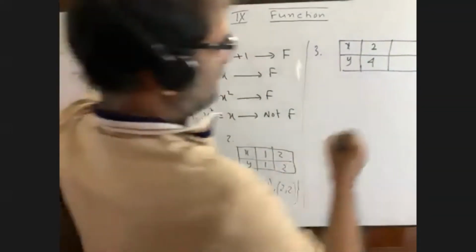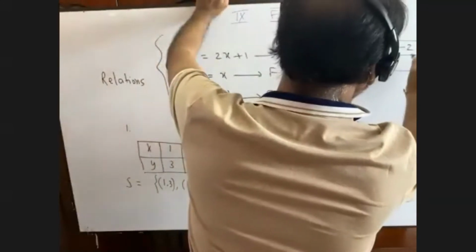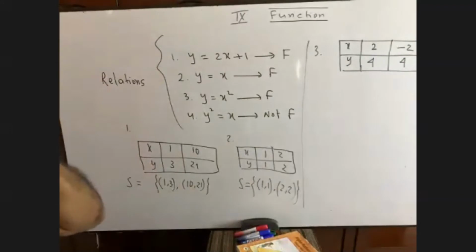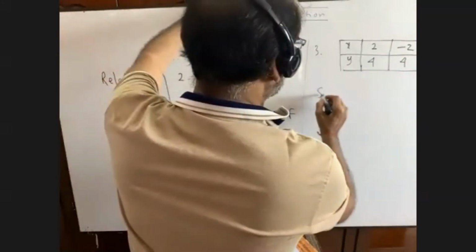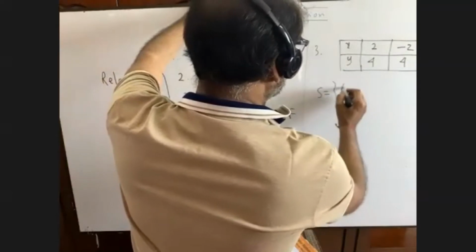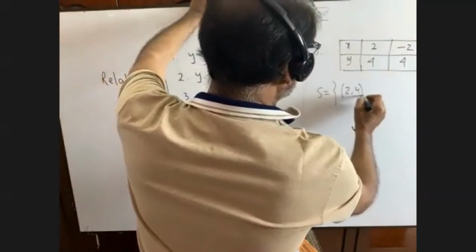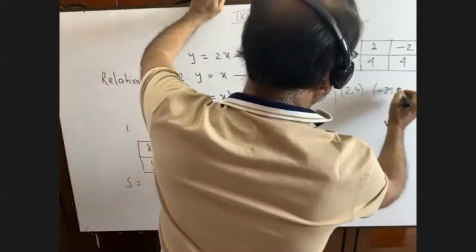If I take minus 2, it is also 4. So we are getting 2 comma 4 and minus 2 comma 4.